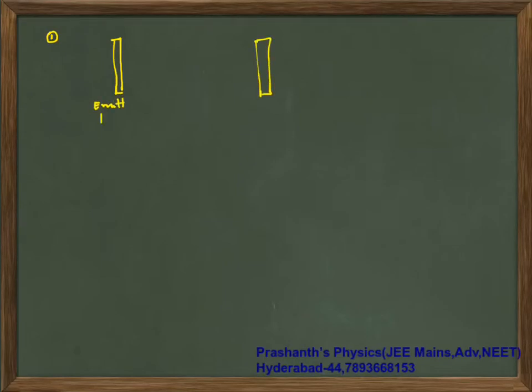This is the emitter plate, this is the collector plate. There are two plates like this, and the collector plate is at 2 volt. That means indirectly your potential difference is equal to 2 volt. The emitter plate is made up of copper, and its work function is 4.5 electron volt.